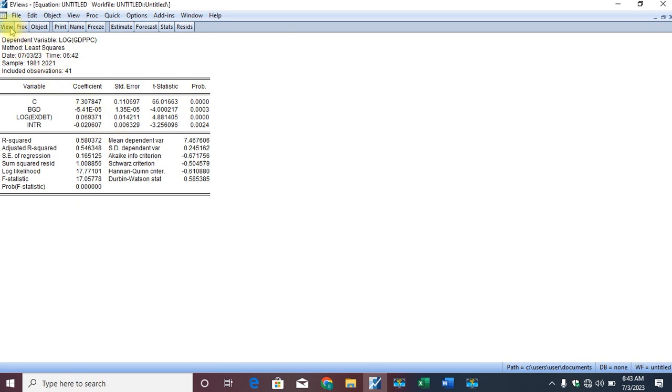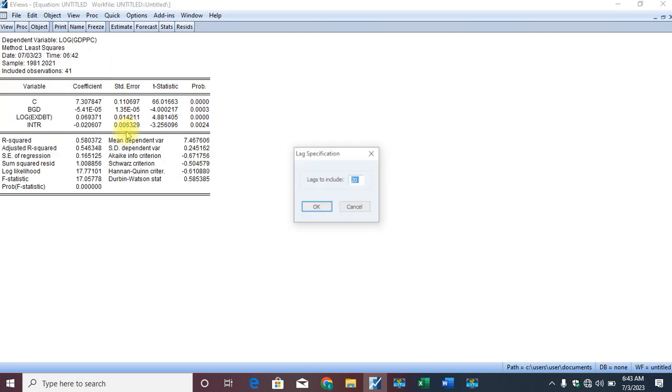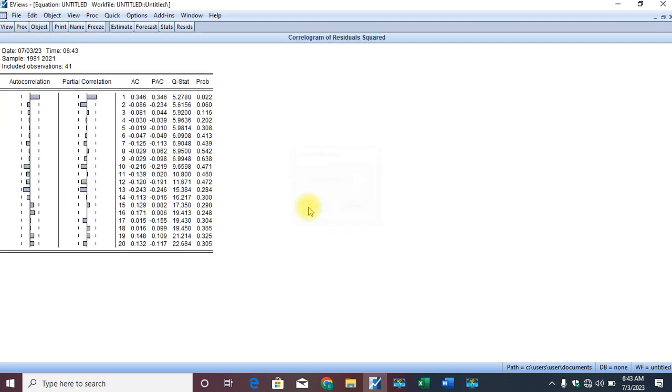So you go to View, you maneuver to Residual Diagnostics, you move to Correlogram of Squared Residuals. You click OK. Once you click OK, you are going to be exposed to a chart that looks like this.